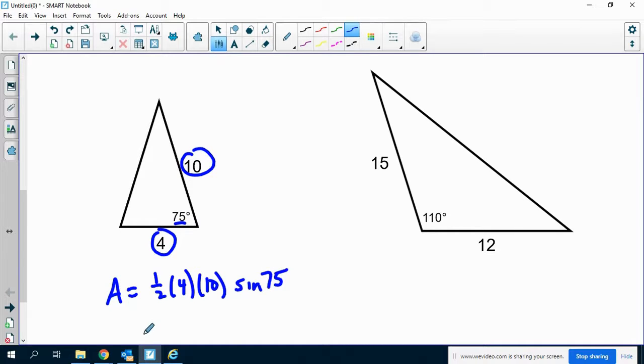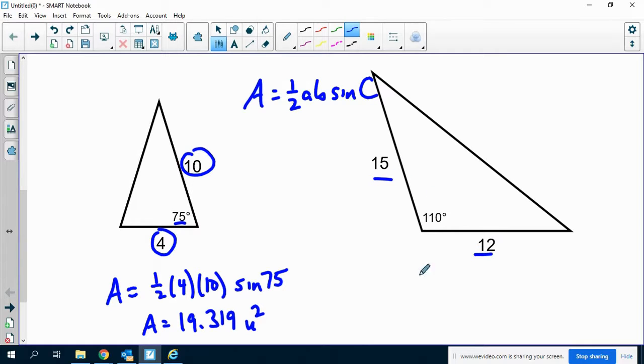And when I type that area into the calculator, I get 19.319 units squared. So this is a pretty easy calculation if I know the formula 1/2 times two sides times the sine of the angle between them.